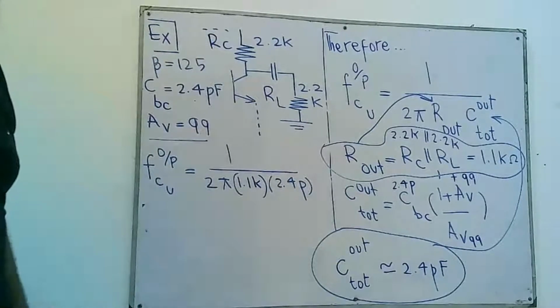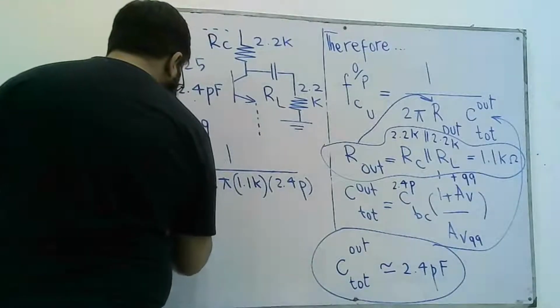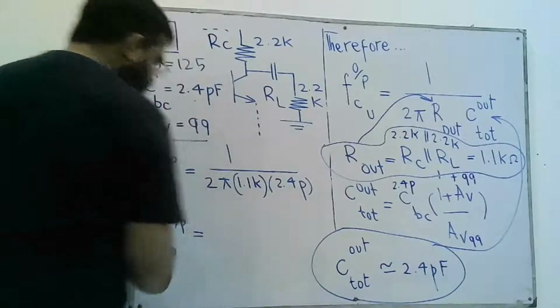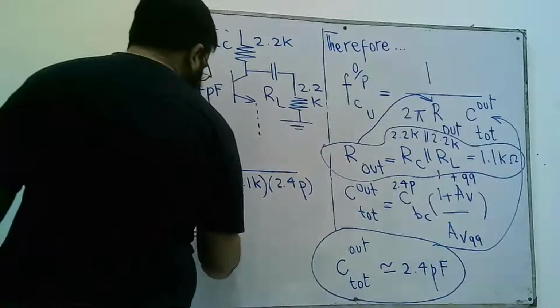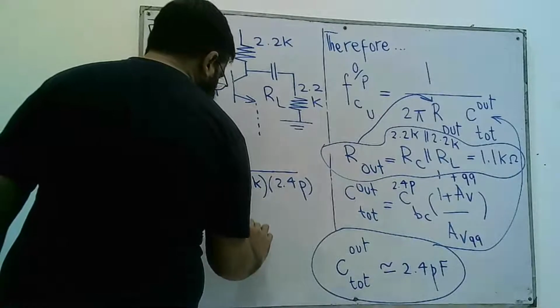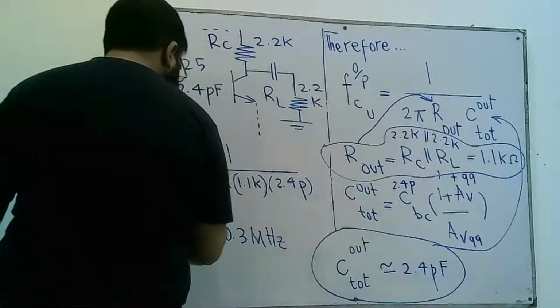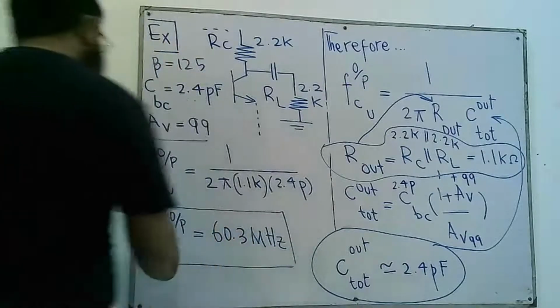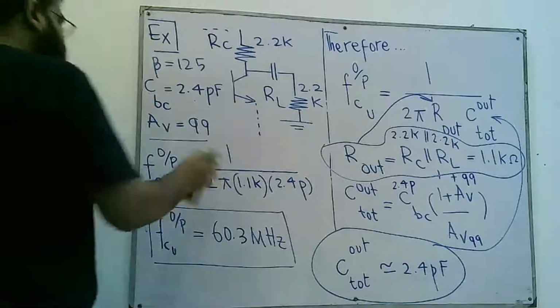So solving this gives us FCU upper. So FCU due to output is 60.3 megahertz. So this is the upper cutoff frequency due to output network.